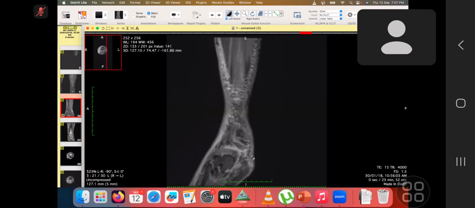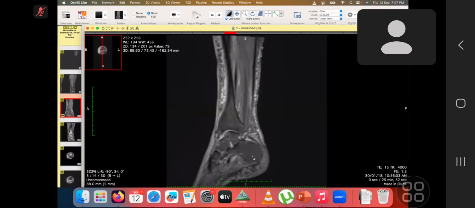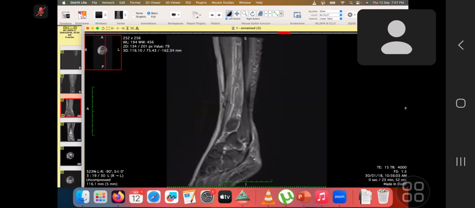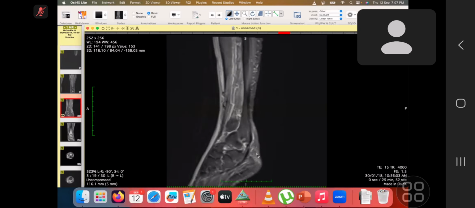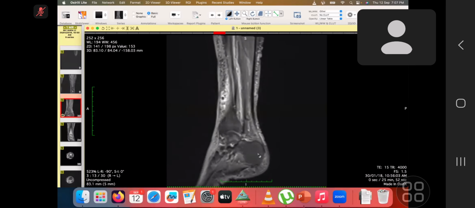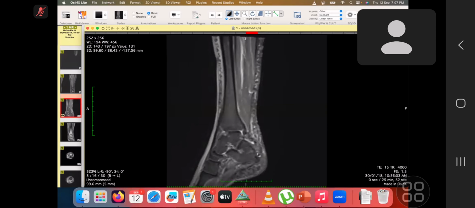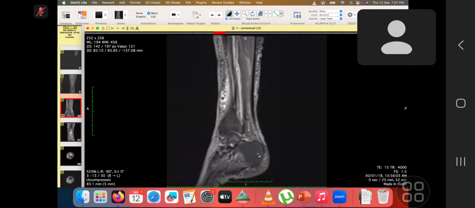I don't see similar signal abnormalities in the distal tibia or fibula. There is no significant joint effusion noted. At the posterior ankle, I don't see any collection.